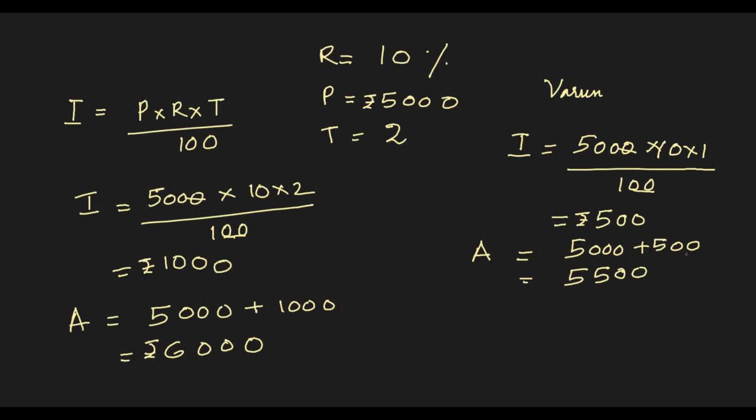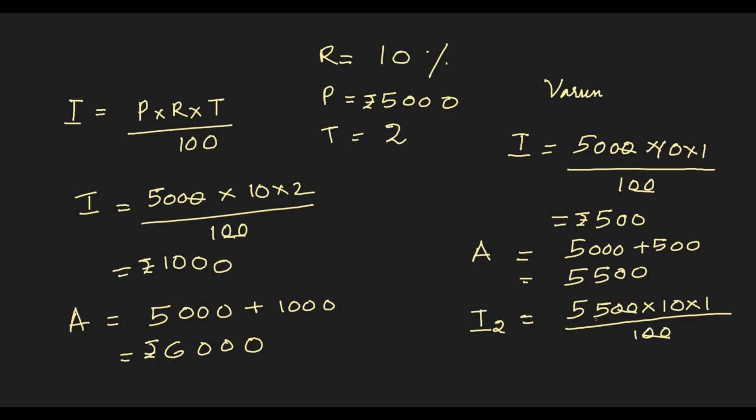The same amount he again deposited in that same bank. So now, after 1 year, how much interest will he get? That is, in the second year, the amount deposited is 5,500. That is, principal is 5,500 into rate 10 into 1 year divided by 100.